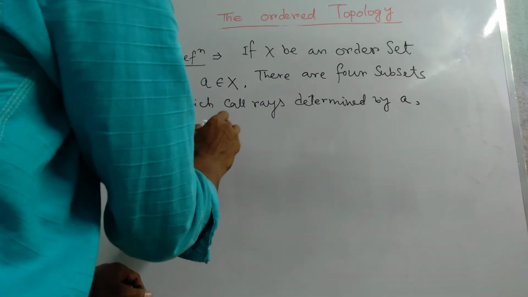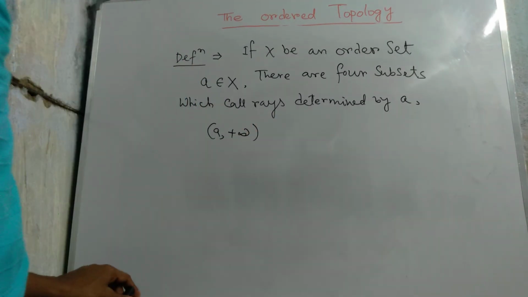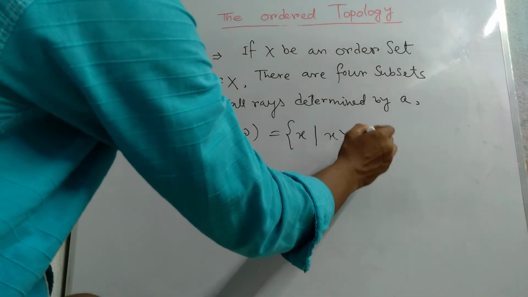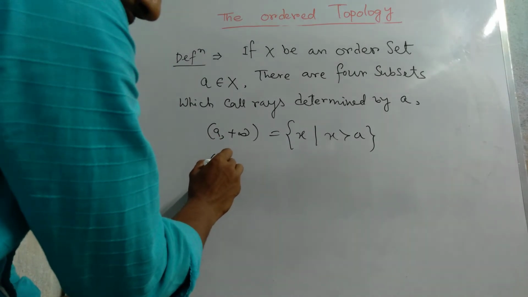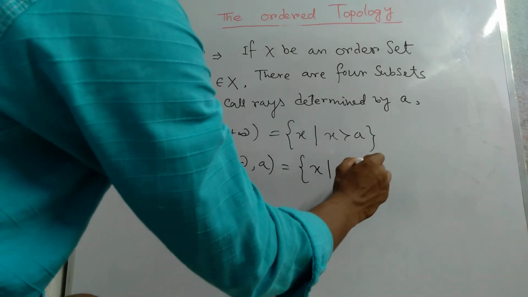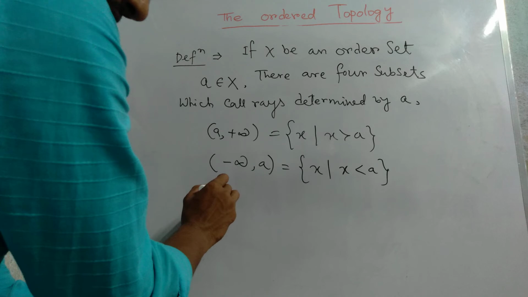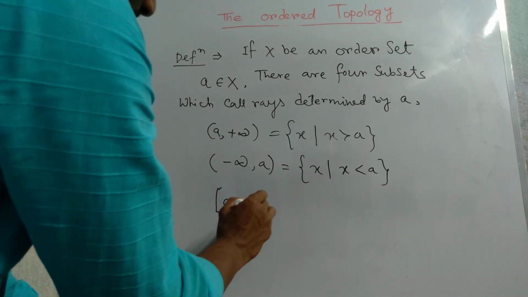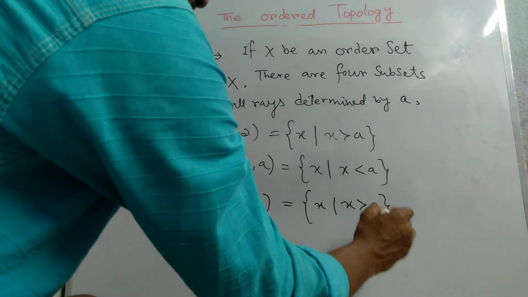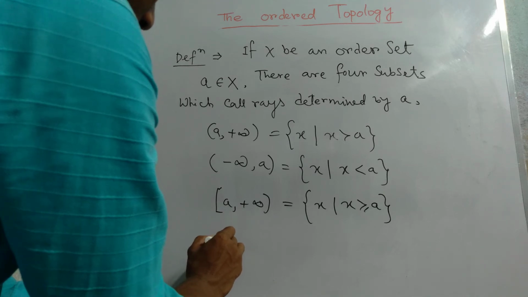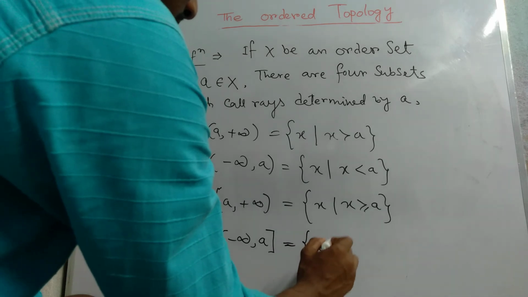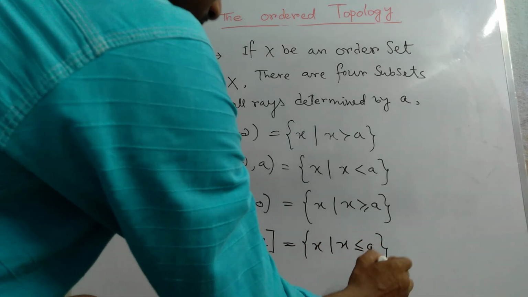They are: the open ray (a, plus infinity), defined as x greater than a; the open ray (minus infinity, a), x such that x less than a; the closed ray [a, plus infinity), x such that x greater than or equal to a; and (minus infinity, a], x such that x less than or equal to a.